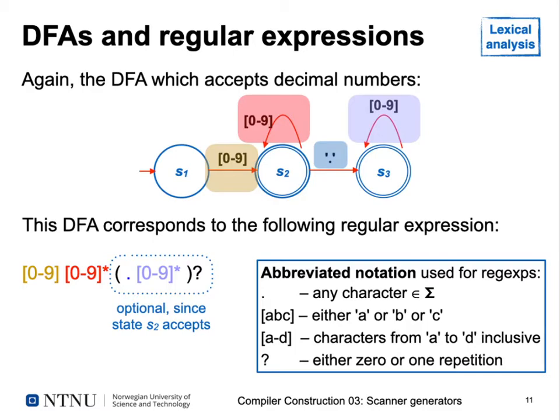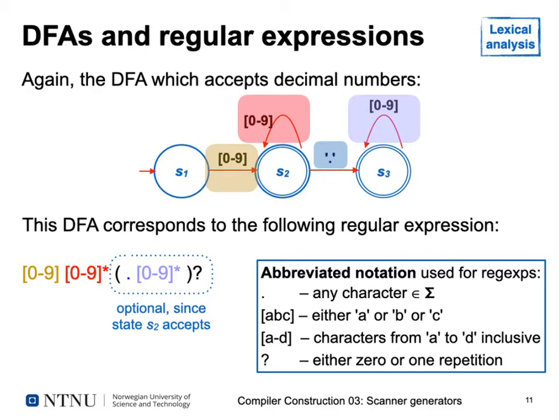Again, this abbreviated notation used for regular expressions looks like this. We can read any character, which is dot. Now this is confusing, right? Because here we read an actual character, which is a dot in quotes. So you must be careful to differentiate. This is a common problem when reading and writing regular expressions.